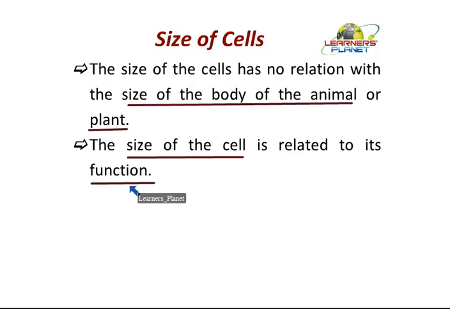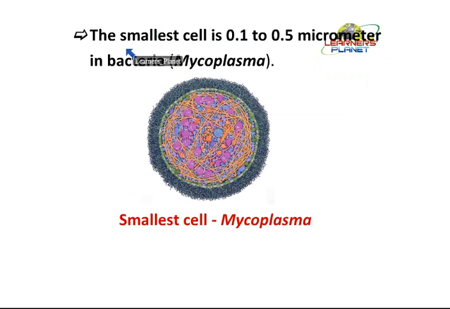The reason is that it is a cell which is just imparting its genes to transmit them to the next generation. This is the role of a sperm. So there is no need for a large cell size for it. So this is how the size is related to the function. Now the next point is, which is the smallest cell?